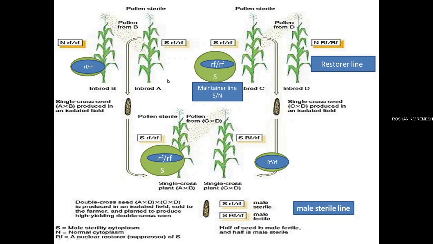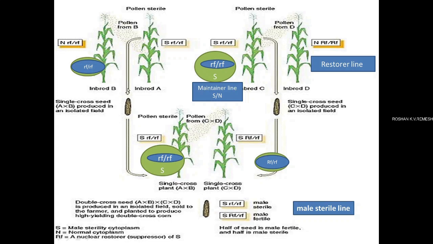And coming to the female plants, that is A and C lines, the egg is actually derived from these female lines. The egg bears an enormous cytoplasmic content in it. In addition to that, the RF genes are also present in the nuclear region.